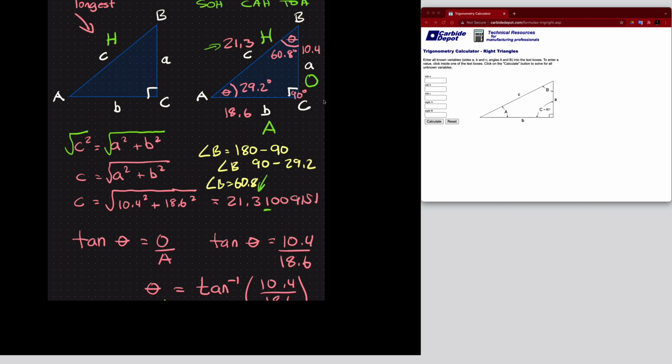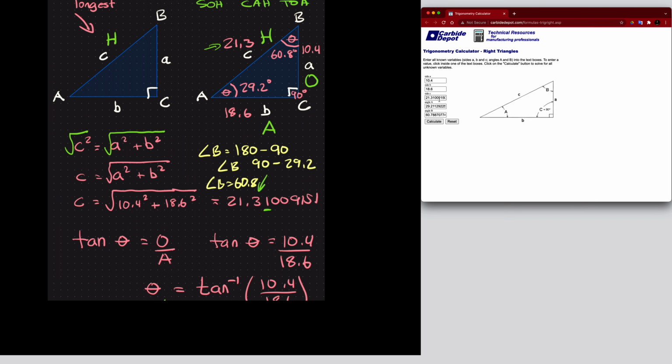Oh, sorry, but anyways, the reason we have the website open here to the right is our two numbers that we put in there originally. We want to confirm our answer. So I'm just going to put 10.4 in there in position A, and B was 18.6. And now I just hit calculate.